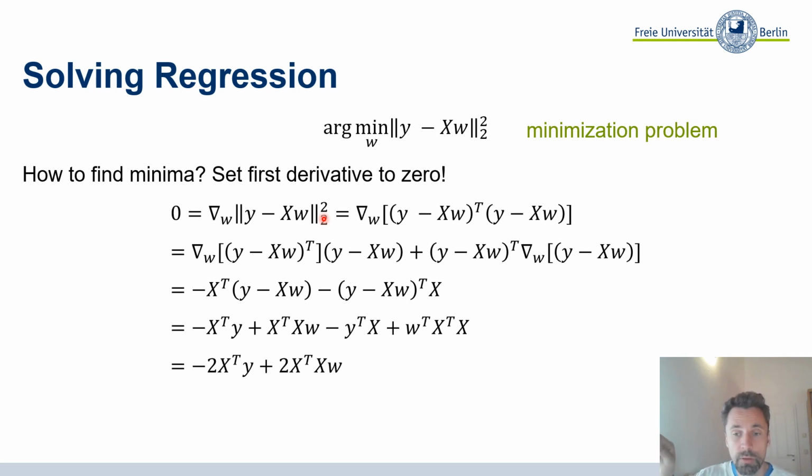So if you then apply another square, the square root will vanish, and then we'll have just the individual sum of squares, and this could be written as the dot product of this vector with itself. So the vector y minus xw. These are the differences of the predictions xw and the labels.